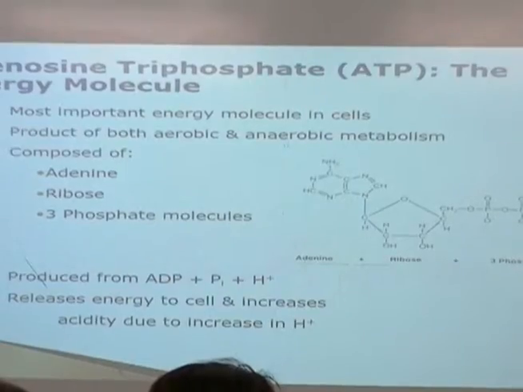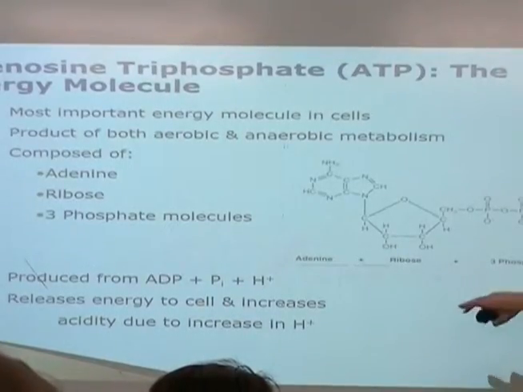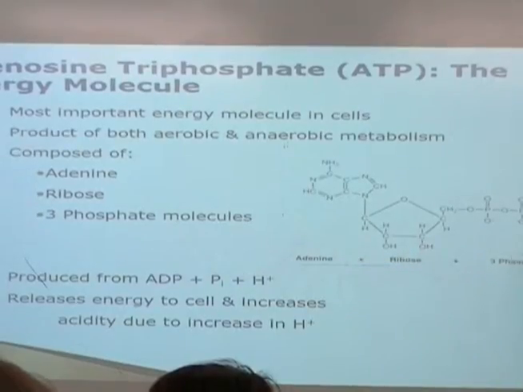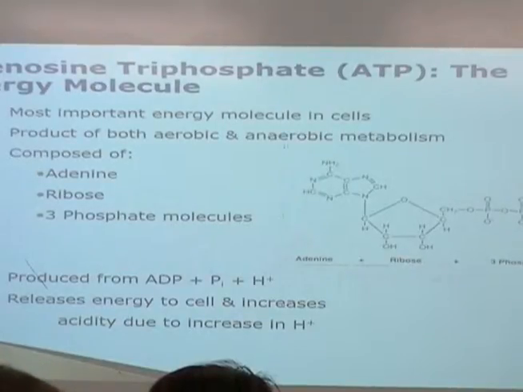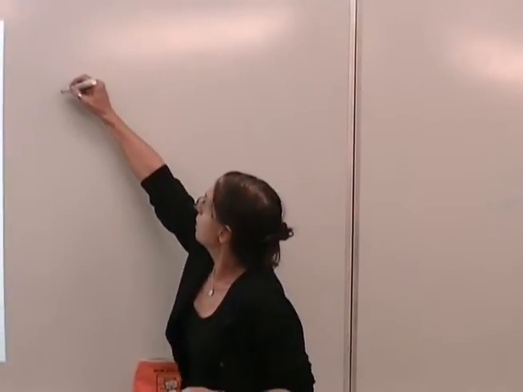at the end of anaerobic or aerobic metabolism, the goal is production of ATP. And ATP is built of an adenine and a ribose, and then here's our key, our 3 inorganic phosphates. So we get ATP.